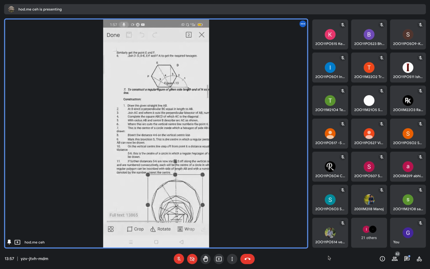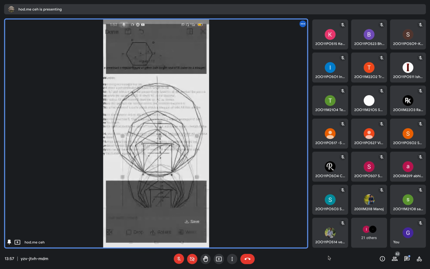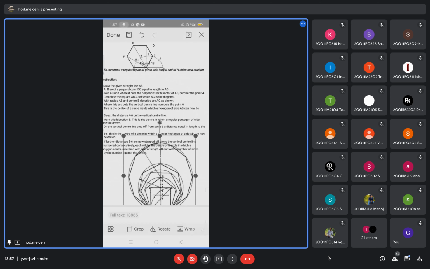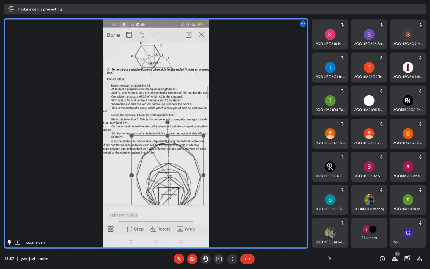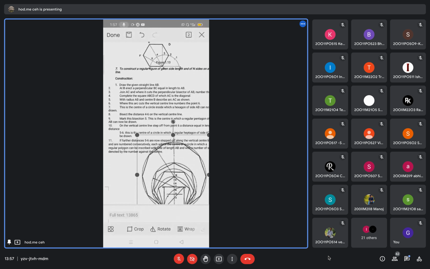Okay, second point, all of you: at B, draw the perpendicular BC equal in length to AB. See the diagram, the AB, and at B, the perpendicular BC equal to the length of AB.